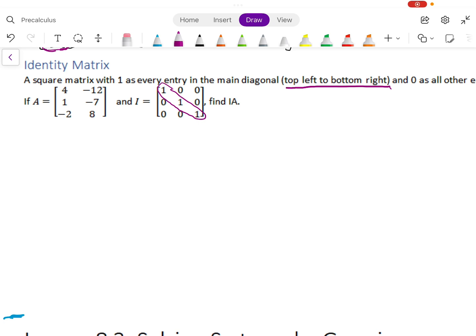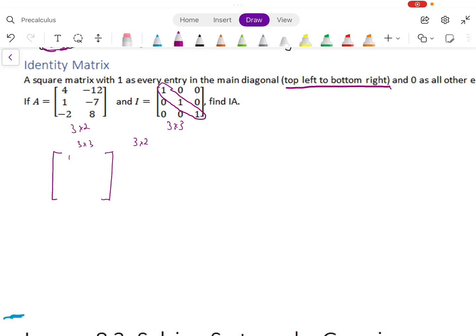So let's find I times A. I, which is a 3 by 3. A is a 3 by 2. So this is a 3 by 3 times a 3 by 2, so we can multiply those.